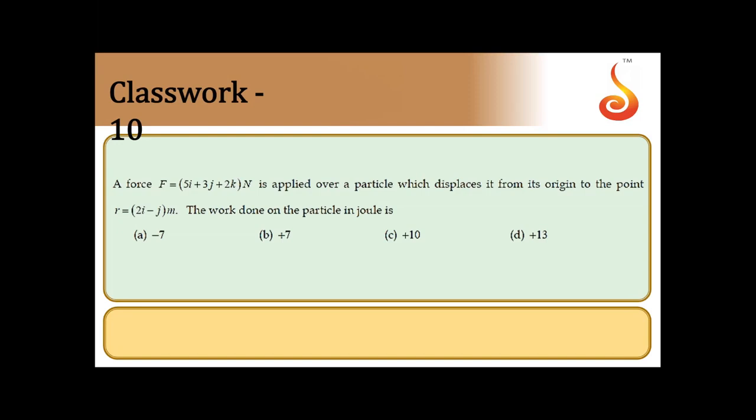Work done on the particle in joule is. So here they have given F is equal to 5i plus 3j plus 2k and r is given, it is 2i minus j.